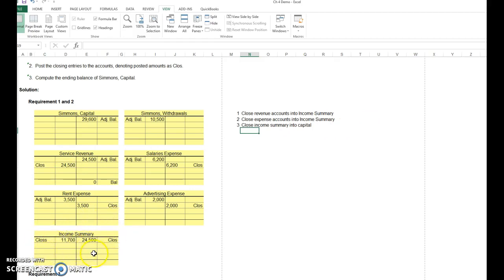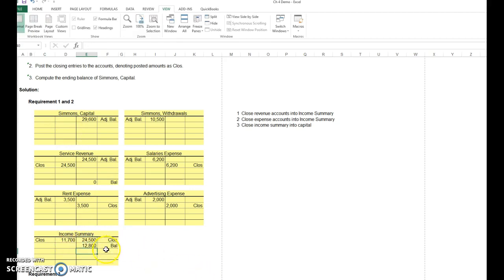So to zero this out, a couple ways you can do this. You can put your cursor under the smaller of the 2 and figure out what the difference would be to close it. And then these 2 would equal this, and that would be your closing entry. The other way that we could do that is figure out our balance right now, which is this minus this.